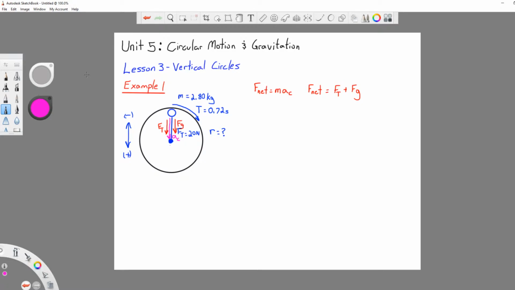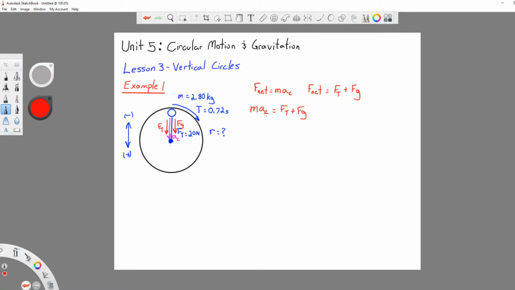So what do we realistically want to find? If we're going to be doing some formula with the period and the radius, we're going to want one of those AC formulas. Ideally, the one with period. Okay, so back to the pen and paper. Let's expand this out a little bit more and say that mass times centripetal acceleration, that's F net, right, is equal to Ft plus Fg.